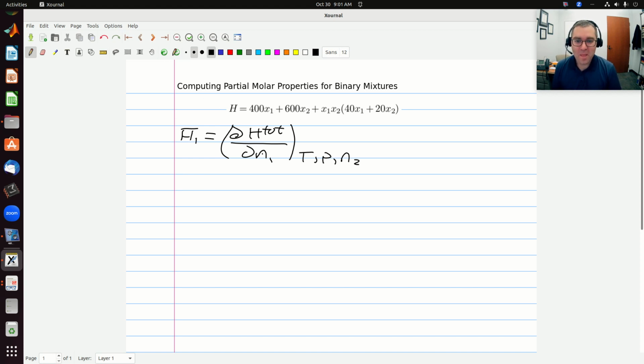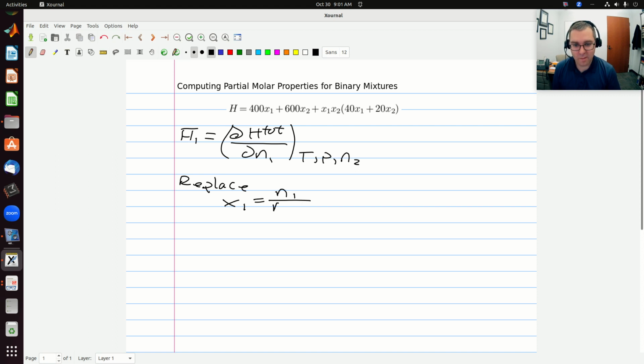First, I need to differentiate h total with respect to n1. In my equation here, I have x1, x2, x1, and x2. So what I would have to do is first go into my expression here and replace x1 with its definition.